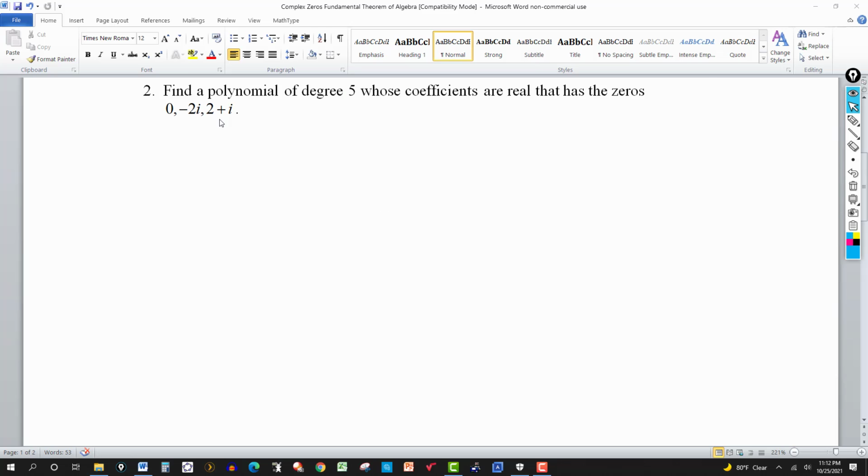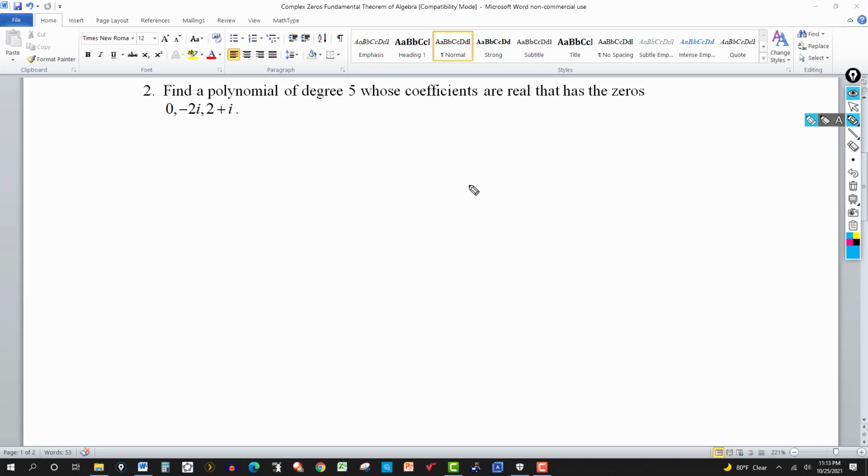So this one says find a polynomial of degree 5 whose coefficients are real that has the zeros 0, -2i, 2 plus i. So in this one here, we're going to use the factor theorem as one part of the problem.